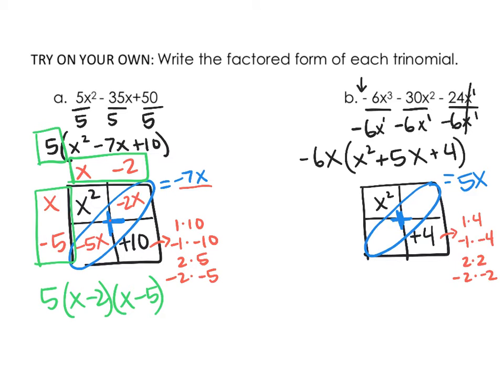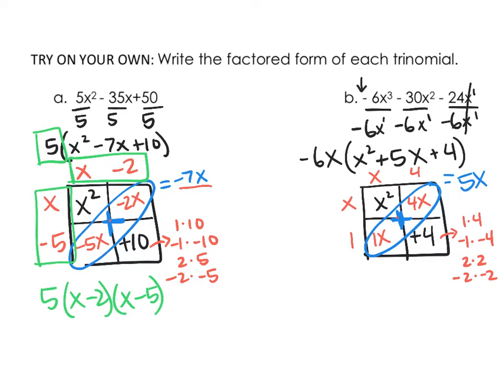So now that we have all our options, what multiplies to be x squared? Well, that would be an x times an x. And then you try multiple options, and it looks like positive 1 and 4 should work because 4 times x is a 4x. A 1 times x is a 1x.